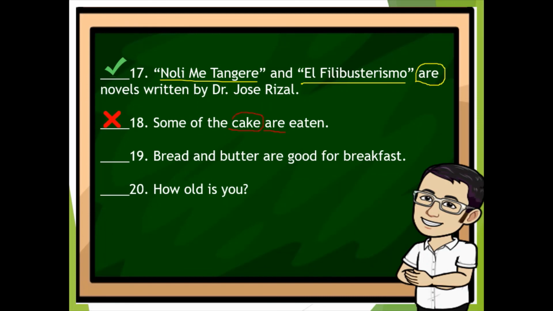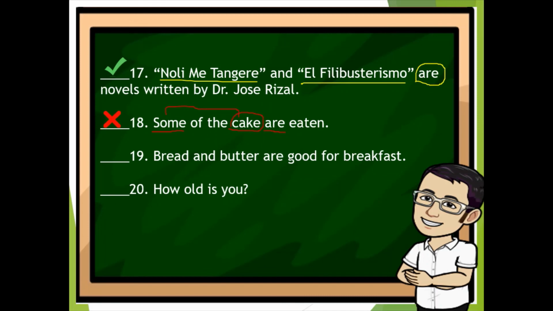And aside from that, it is preceded by the indefinite pronoun some. So when a singular noun is preceded by an indefinite pronoun some, then the entire subject is singular. Some of the cake refers to a part of a cake, so it must take a singular verb. Some of the cake is eaten. That's the right sentence.